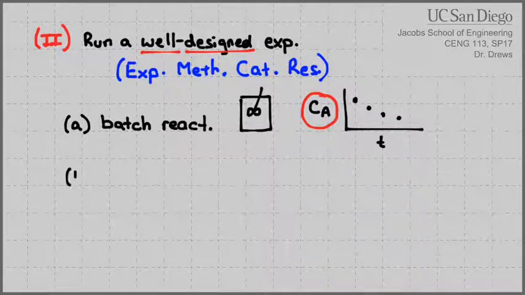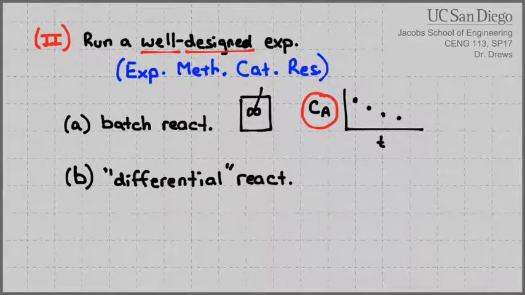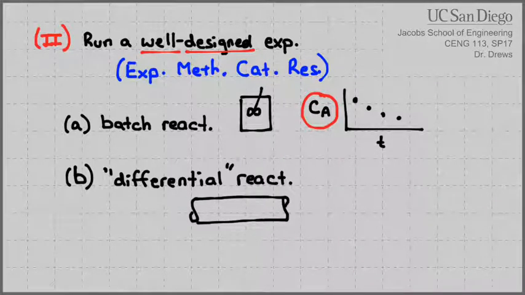Another common type of reactor is called a differential reactor. This is the kind of reactor that was used to get the kinetics on your blue project. So a differential reactor is a style of packed bed reactor. So here's our tube for a packed bed reactor.